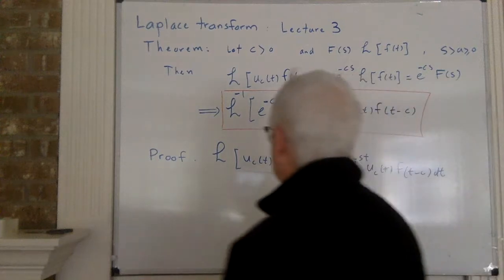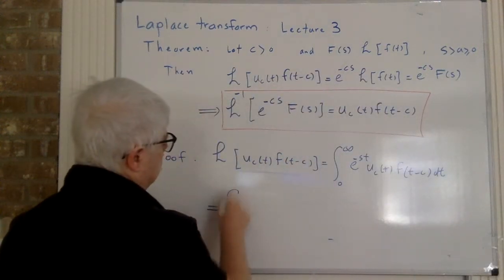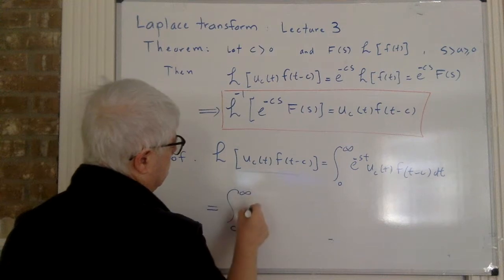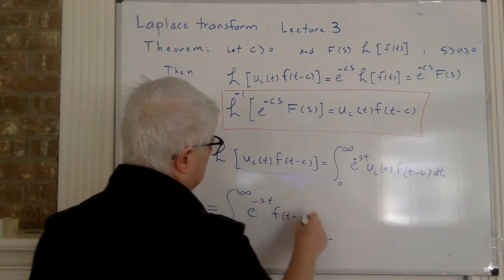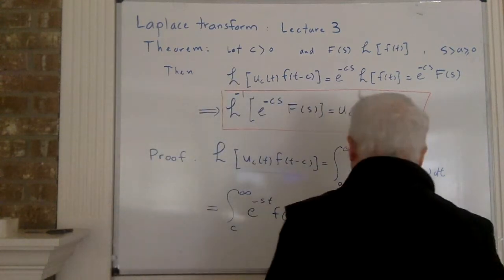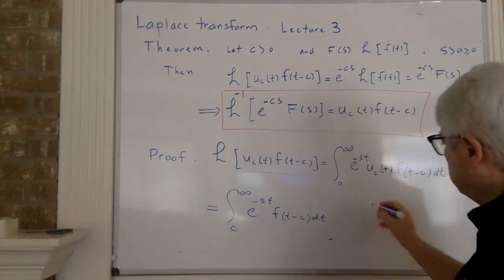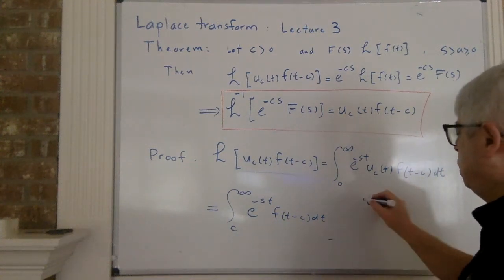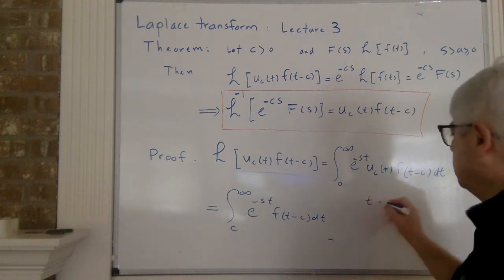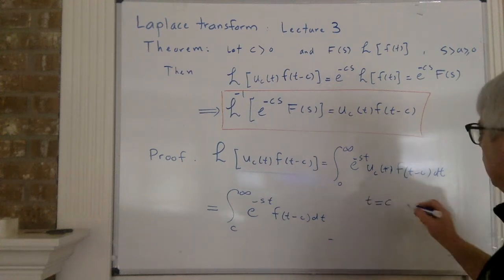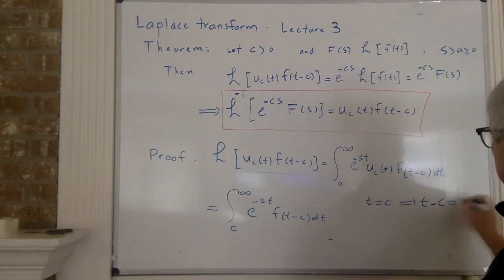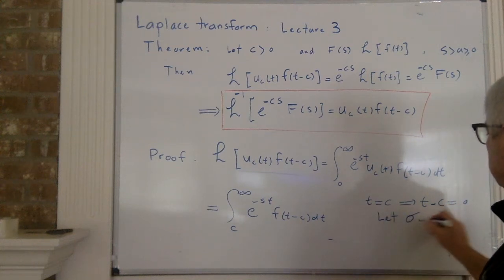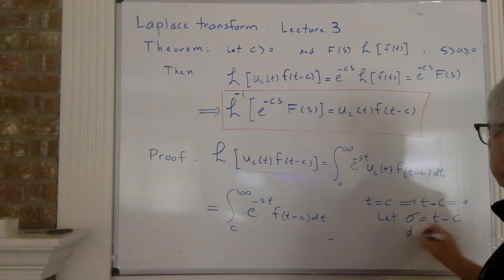This means that it should start at c, and there is nothing before that point c, so the integral goes from c to infinity of e to the power minus st f(t minus c) dt. Now t starts at c and ends at infinity, so t minus c will be 0 at the start. So if I let sigma be t minus c, then d sigma is dt, and it starts at 0.